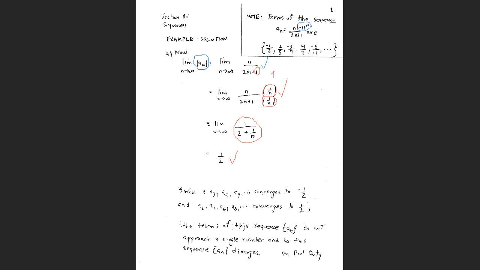But then we can say that the odd terms of the sequence converge to -1/2, and the even terms converge to +1/2. And therefore, the terms of this sequence, which we can denote with the brackets around a sub n, do not approach a single number, and so this sequence has to diverge.